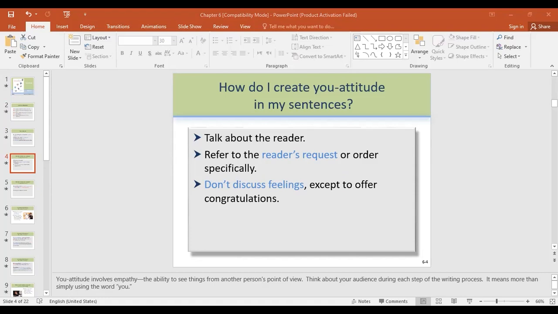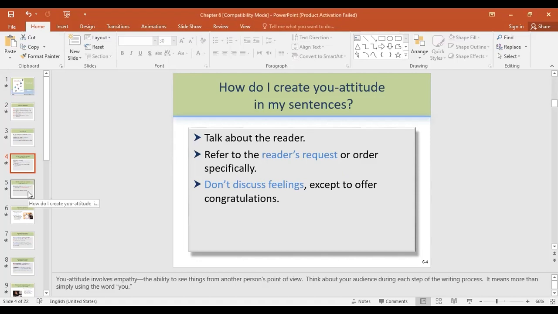Refer to the reader's request or order specifically. Don't talk about your feelings except to congratulate or offer sympathy. This third point is also very important. Readers don't care about your feelings, except in certain situations, such as congratulation, for example, or offering sympathy.